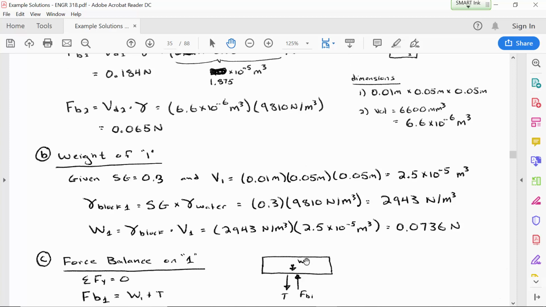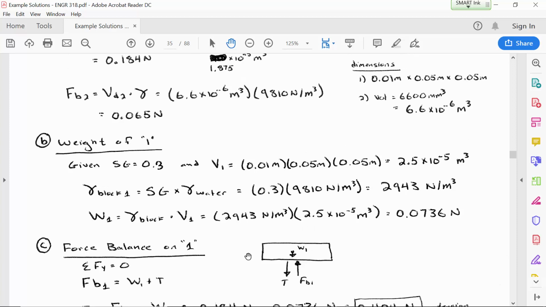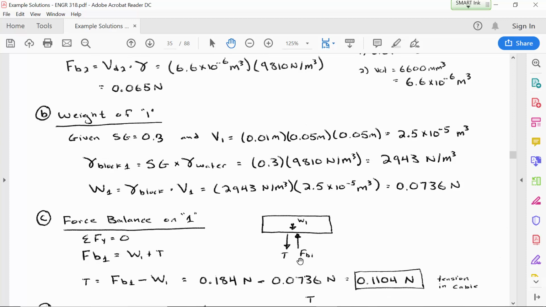All right, so we now know enough about that wooden block to do this force balance, to calculate the tension. So we have the weight that's acting down. The cable is pulling the block down into the water, so T represents the tension in the cable, and the buoyant force is the only thing pushing up. So we can use that to calculate the tension in the cable.